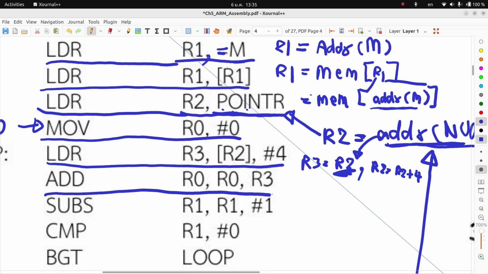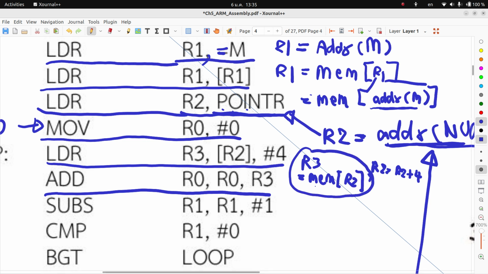Oops, I'm sorry, I skipped some details. R3 equals to memory of R2, sorry. Please fix this.